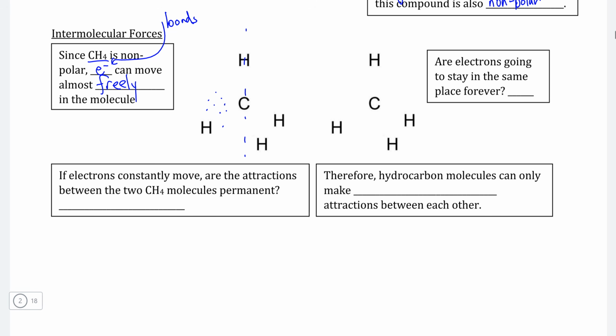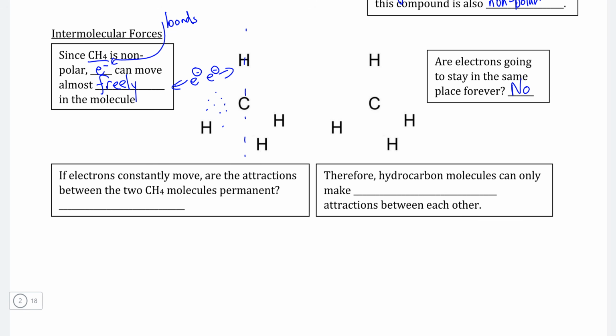Now, are these electrons all going to stay on the left-hand side of this molecule? Well, the answer is of course not, because all electrons are negatively charged, and they are going to perpetually be pushing away from each other because of the repulsive force of the same charge.